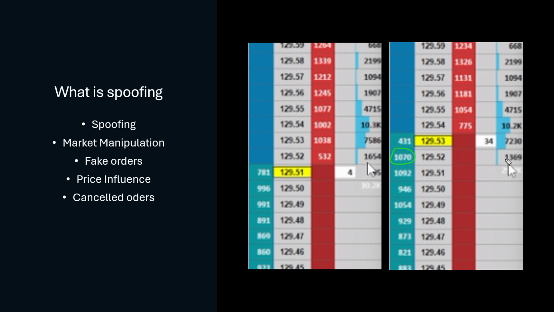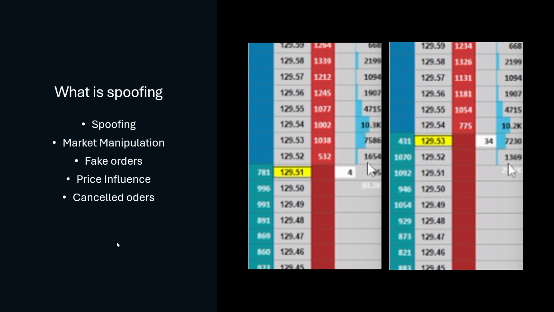Okay, you can see it right here, 1,369 and then 1,654. So essentially there is a spoofer in the market that is probably trying to position himself on those prices.